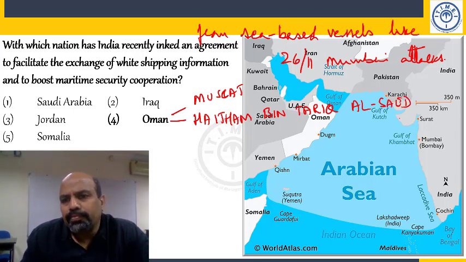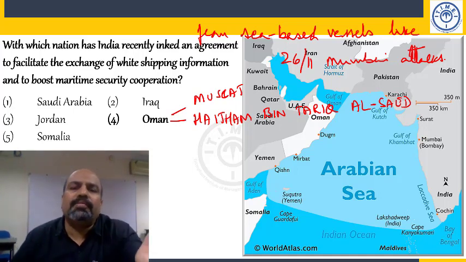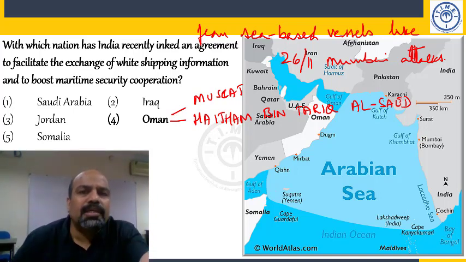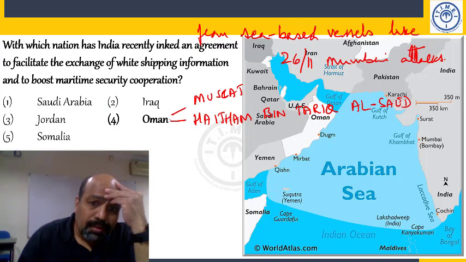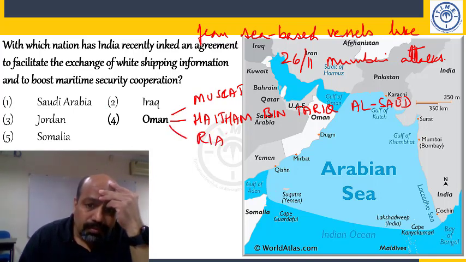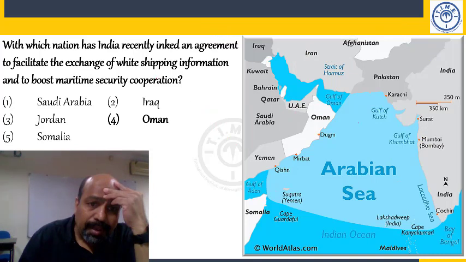You can write with an I also. Bin means son of. Haytham, son of Tariq Al Sayyid. So Al Sayyid is the name of the family. The currency is Omani Riyal. And the rest I'll just mention the capitals.